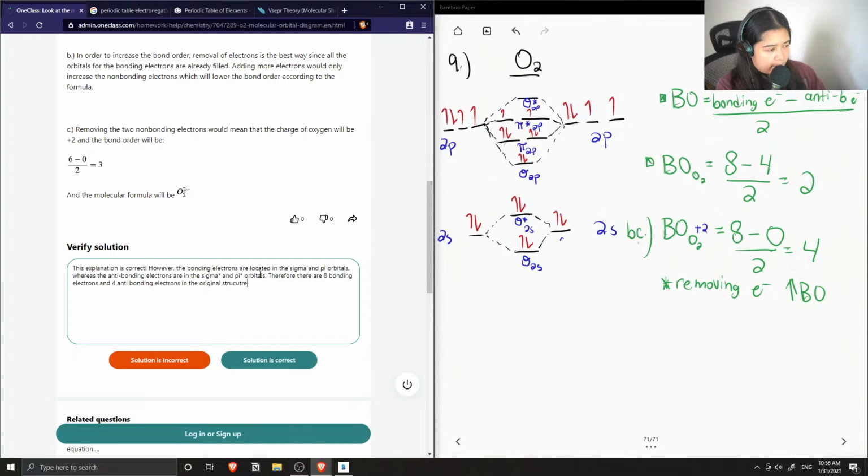Okay, so I just kind of fixed the bond order equation, and can move on to the next question.